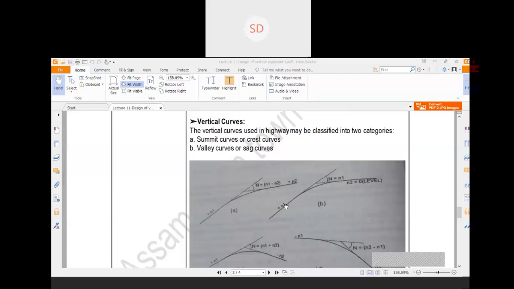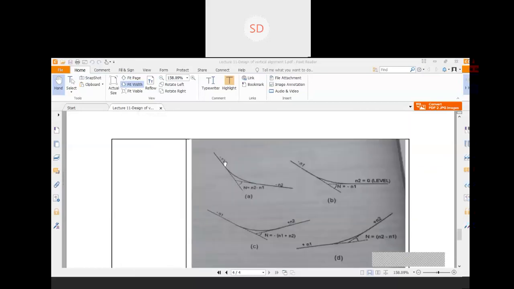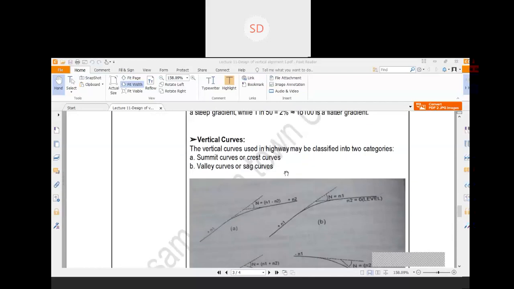Or in terms of your design or structural analysis, you can say that this is the curve where hogging moment is there. Whenever hogging moment is there, that type of curve is your summit vertical curve, and basically this is your valley curve, where convexity is in the downward direction. That is your valley curve.